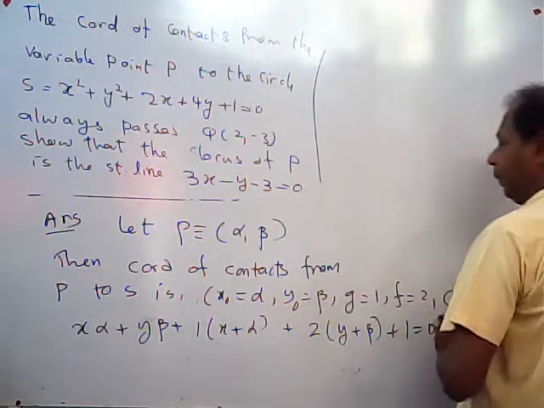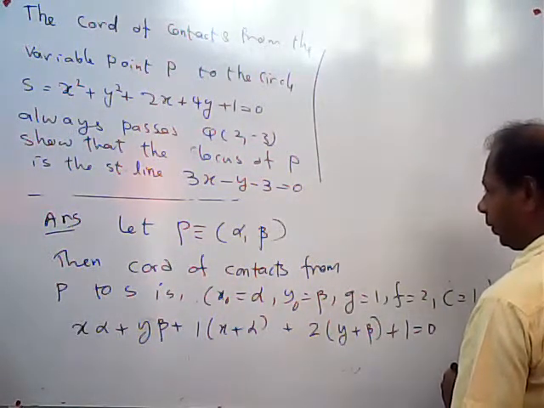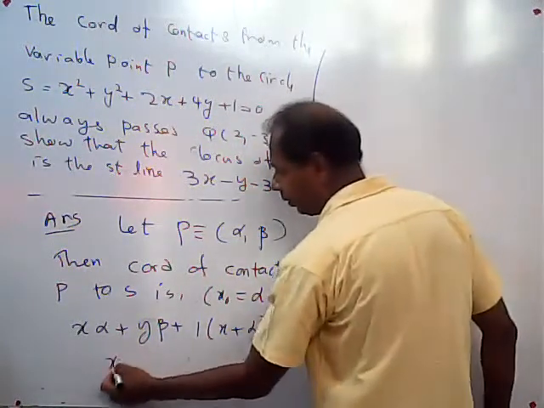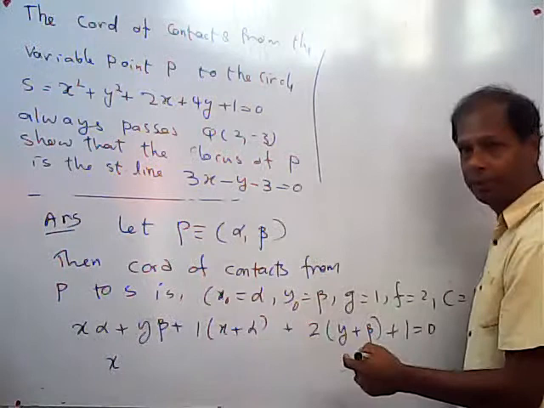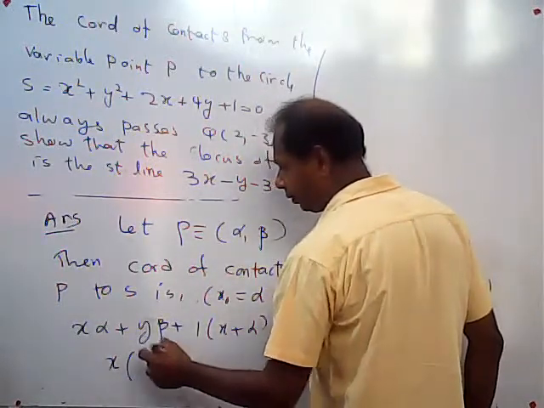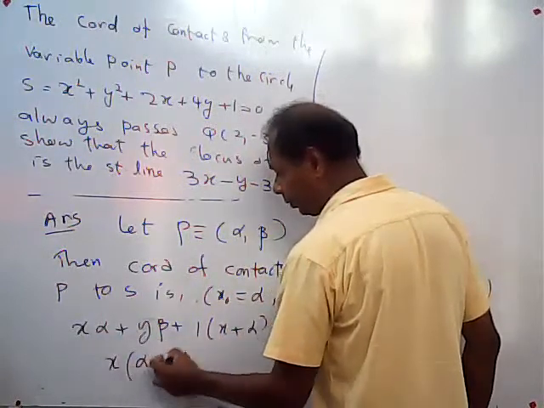So you get, taking x out, remember that alpha, beta are some parameters: alpha plus 1.